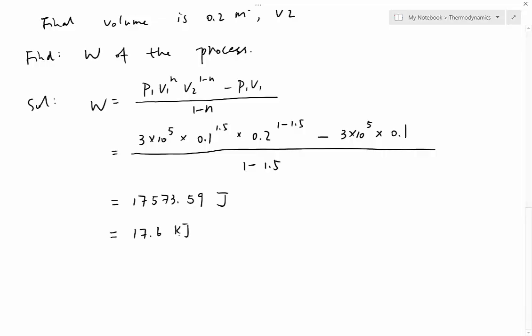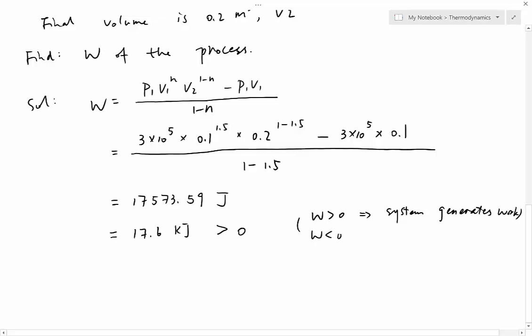And now, let me tell you this. You notice that your solution is positive. Do you remember what the positive work means? If work is greater than zero, what does that mean? System generates work.